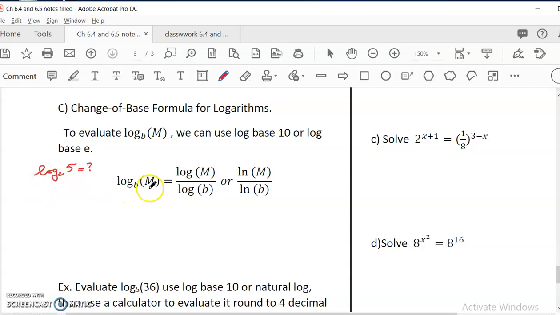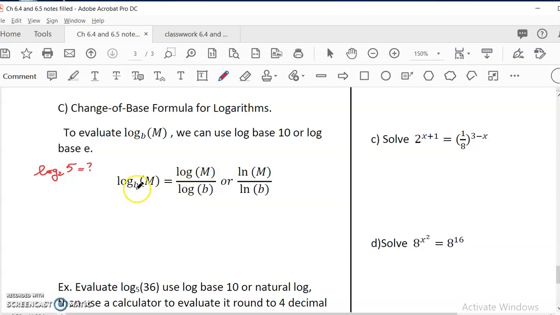So we can use this change of base formula. If I have a log base b of m, which is not base 10 or e, I can write it as log base 10 of m in the top, log base 10 of b in the bottom.